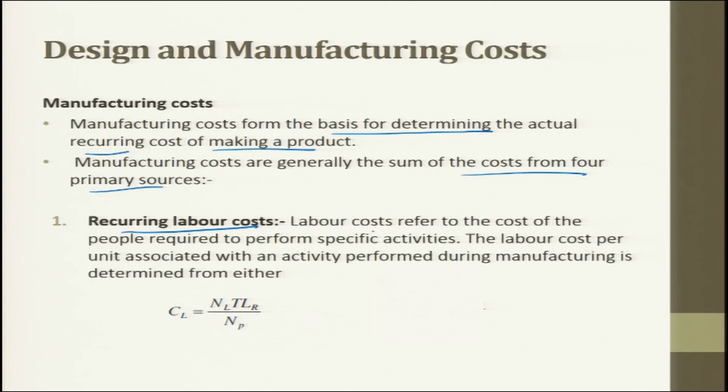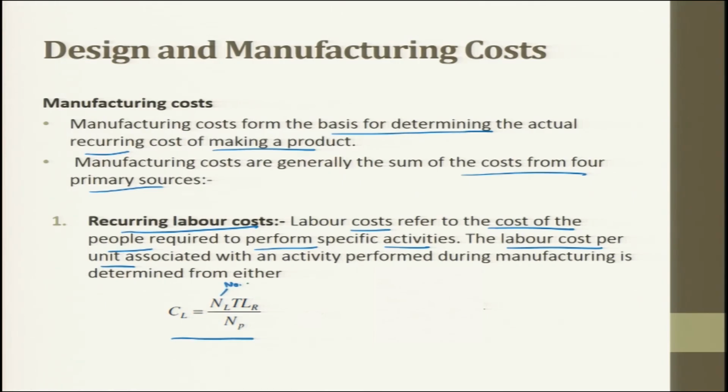So, labor costs refer to the cost of the people required to perform specific activities. The labor cost per unit associated with an activity performed during manufacturing is determined from CL is equal to NL T LR by NP. So, what are these abbreviations here?